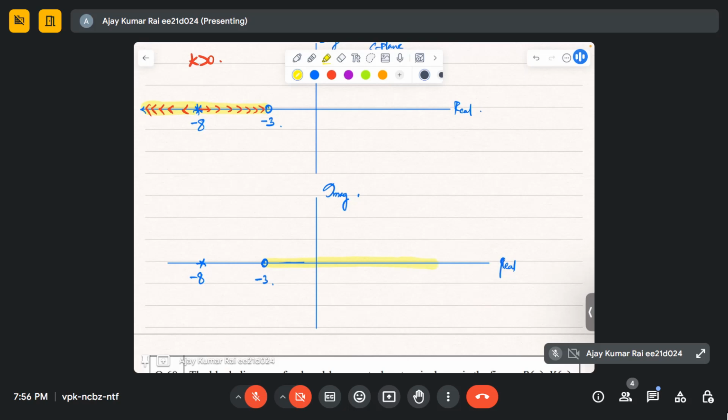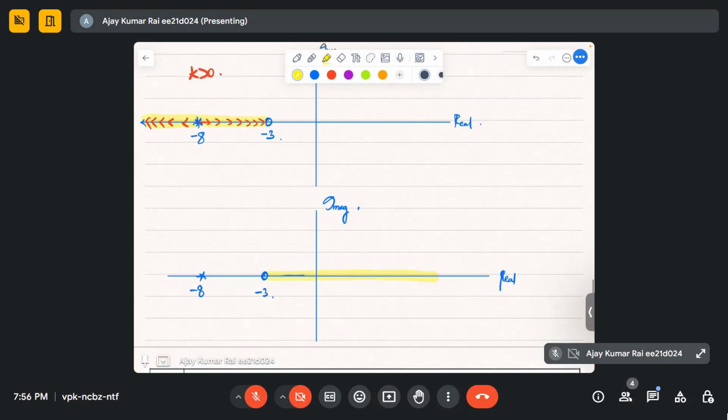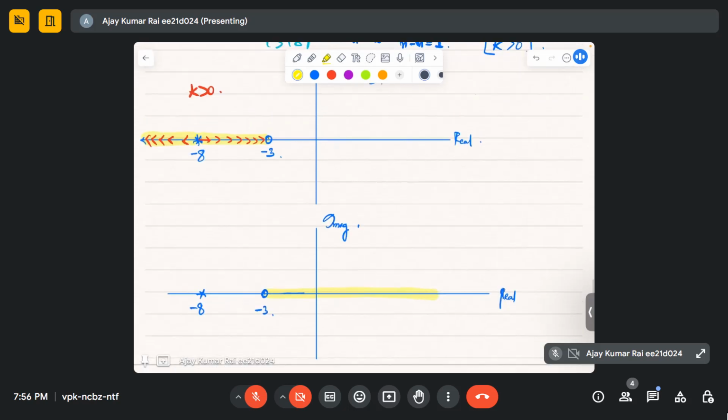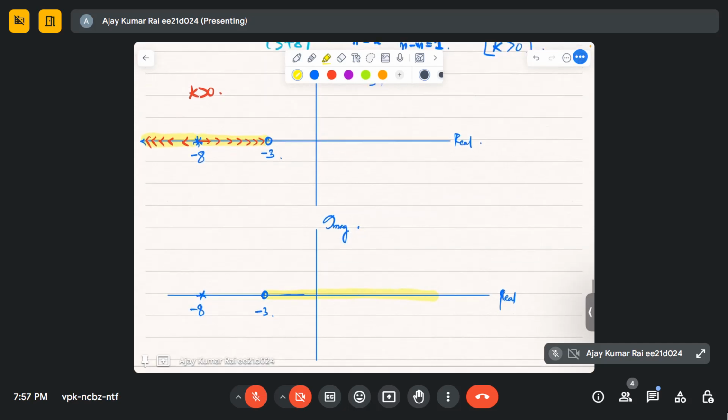I'll only have a root locus here. So what will happen? The breakaway point you have to find out, so it will get lengthy.